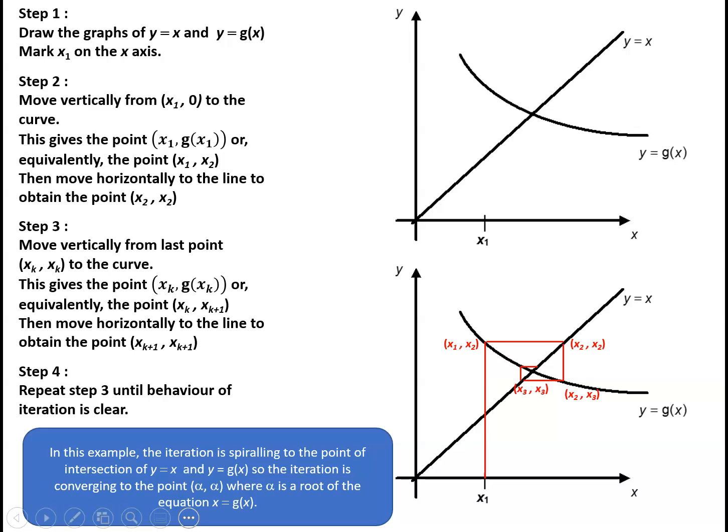We can see the iteration is spiraling in to the point of intersection of y = x and y = g(x). So the iteration is converging to the point (alpha, alpha), where alpha is a root of the equation x = g(x).